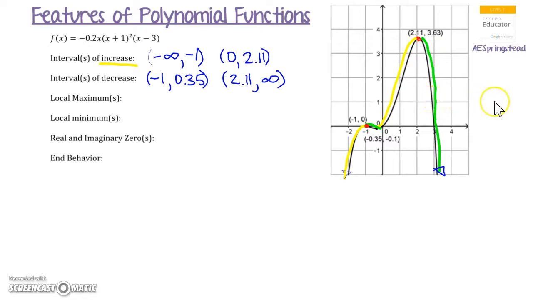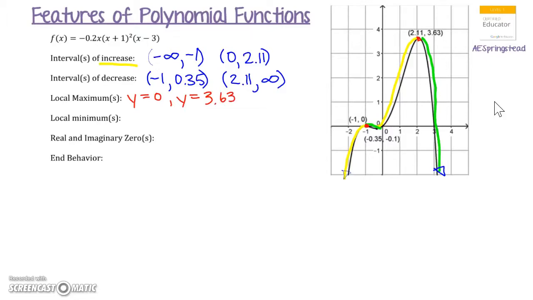We call it a local maximum because it's only part of the graph instead of the absolute maximum for a function. So this question is just asking for the local, so we have two local maximums, and the values for the maximum are at y equals 0 and y equals 3.63.